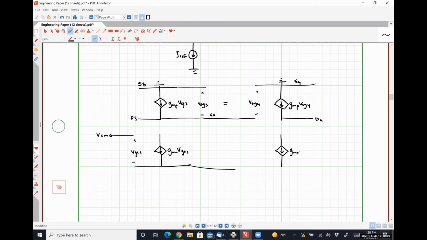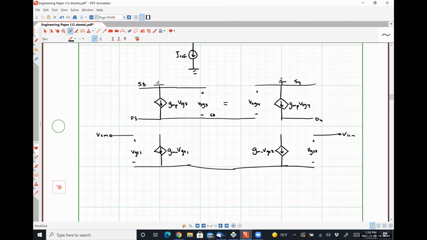Here's GMN VGS2. Put that on the other side. That's all one big node. And here is V2. This is that same differential mode input common mode signal, or small signal input common mode signal.